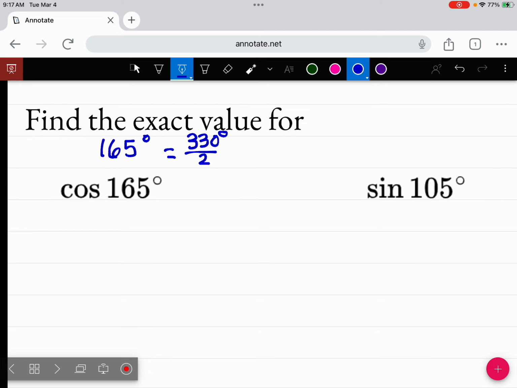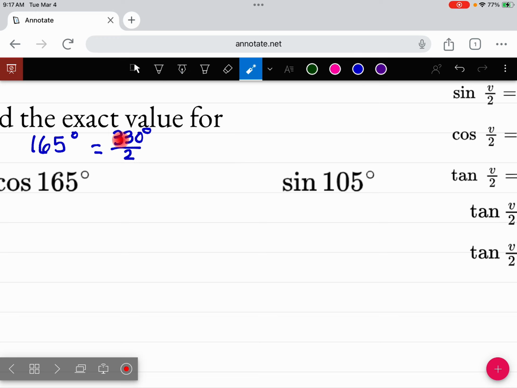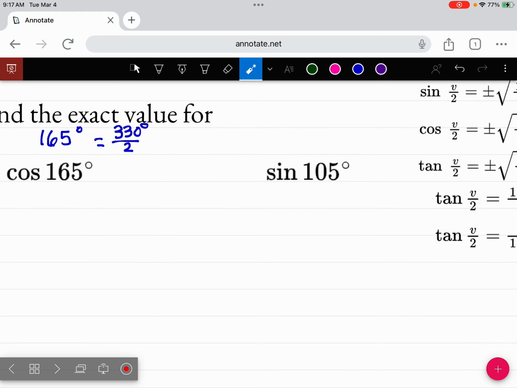So if we set this up where we have 165, which is my v over 2, because this is v over 2, 165, right? Why is that V? Because I want 165. 165 is the same thing as 330 over 2, yes? Cosine of v over 2.